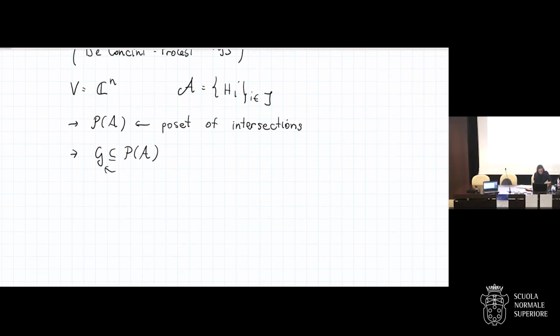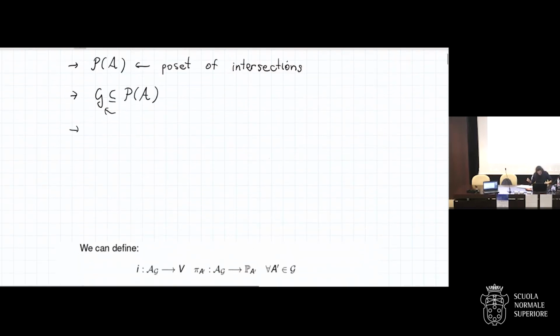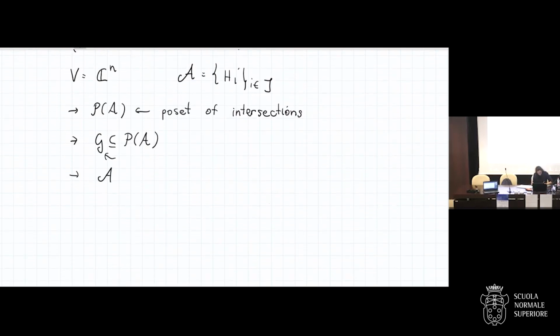Now, given G, one can define the complement of G, which we define as AG. This is just the complement of all these hyperplanes.